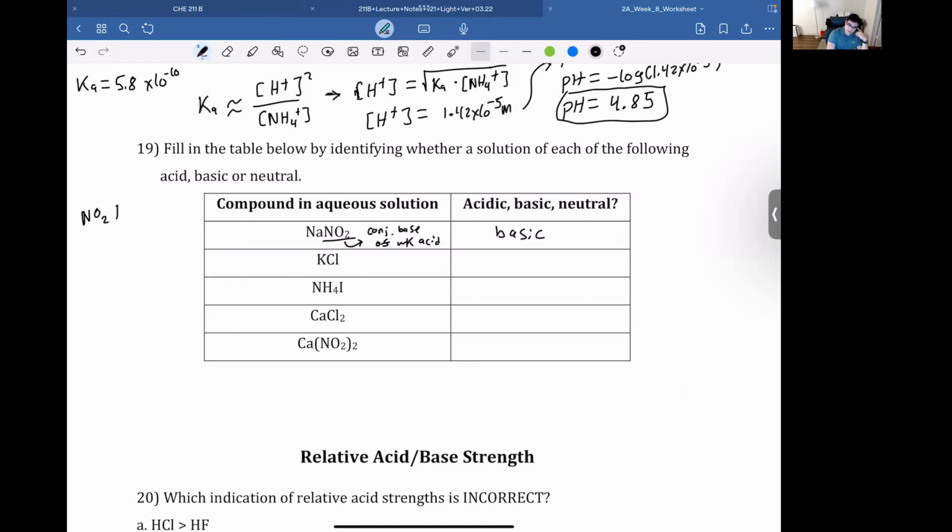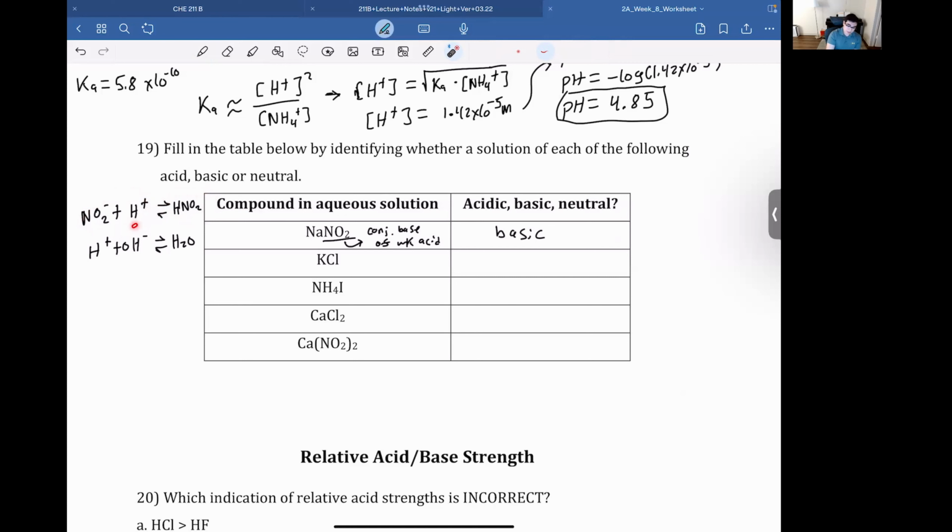Because if you write out the equation, we have both of these. If you add NO2 minus to your water or a solution, it's going to combine with H pluses to form HNO2, right? Because there's an equilibrium.